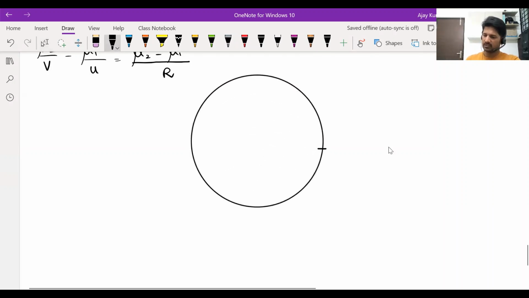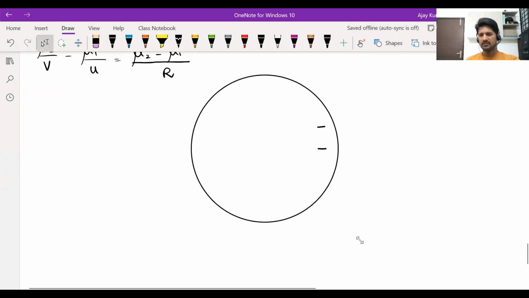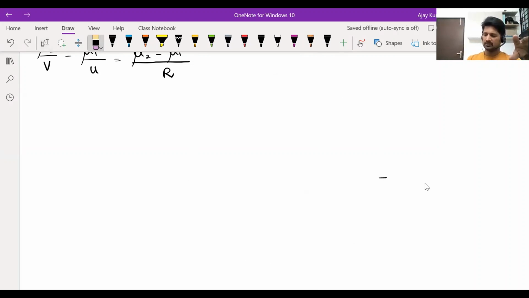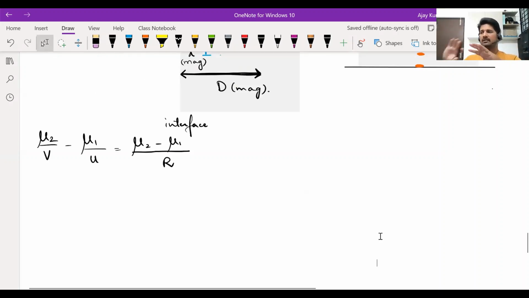If you consider a small part of this circle now, it's almost a straight line. And if the radius becomes infinitely large, very, very large, then you take any small part of that circle, it will be a straight line. And if it's a sphere, you take a part of the sphere surface, it will be a flat surface. Okay. So a flat surface is considered to be part of an infinitely large spherical surface.